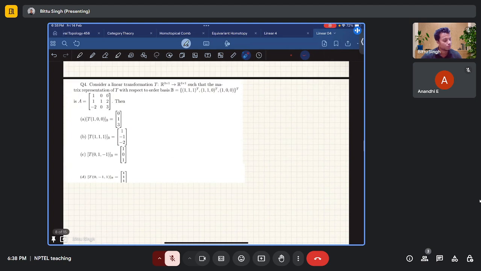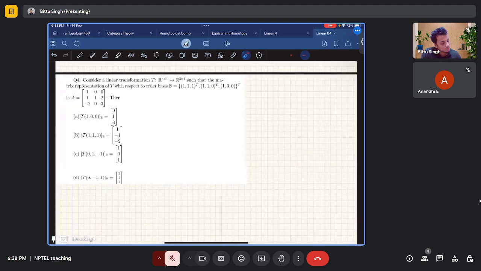So now question number 4. Here T is a map from R3 to R3, and matrix representation with respect to this basis is given as this matrix A. Now question is, what will be T applied on 1 0 0, T applied on 1 1 1?